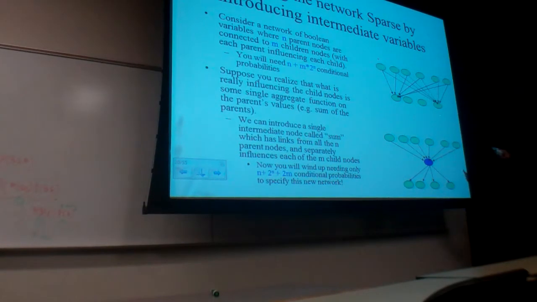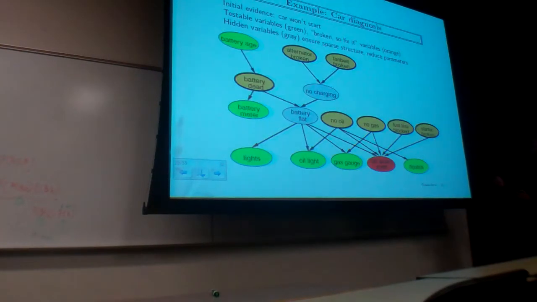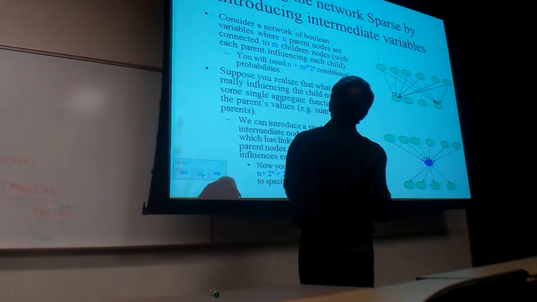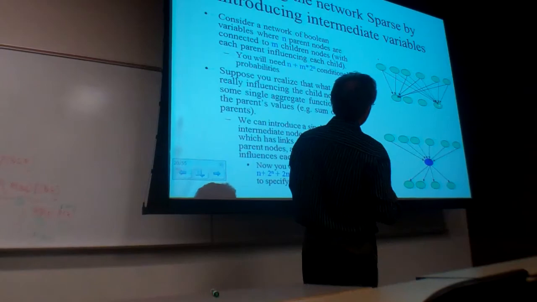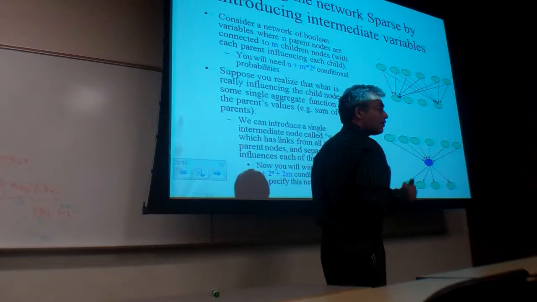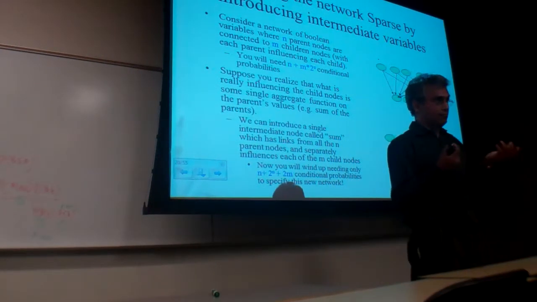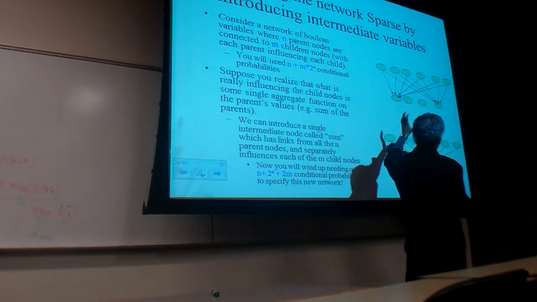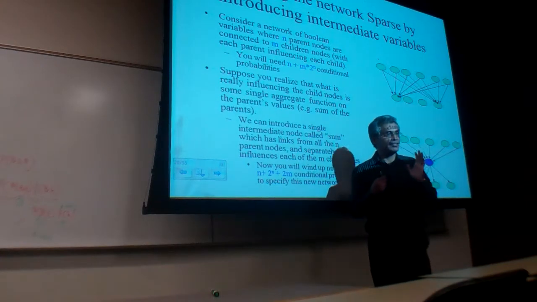So everybody here affects everybody here. Then clearly, if there are n parents here and m children here, then each child will require 2 power n numbers in the CPT. So you need m times 2 power n numbers.